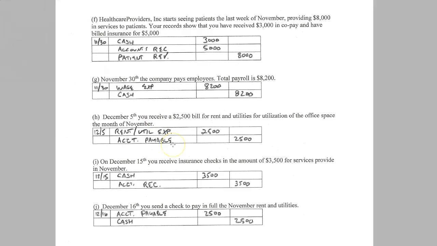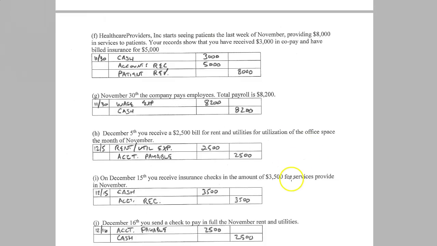But that's where the beauty of accounts payable comes in. Just like when I go and buy something at Costco and put it on credit, I've incurred the expense for my family, but it's not payable yet, until I get the bill. But the expense is there. All right, so in this case, rent and utility expense is a debit of $2,500, and I have credited accounts payable for $2,500.